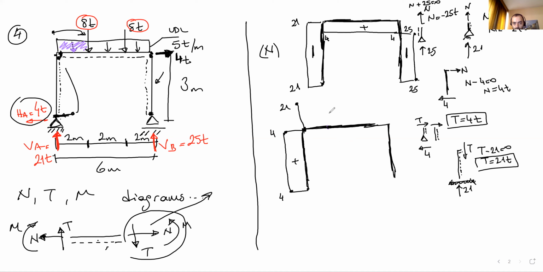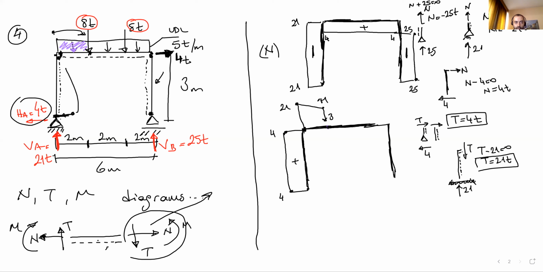At this portion, we have 11. So we go down 8. To this point, it's 3. We are now here at the right hand side of the 8.